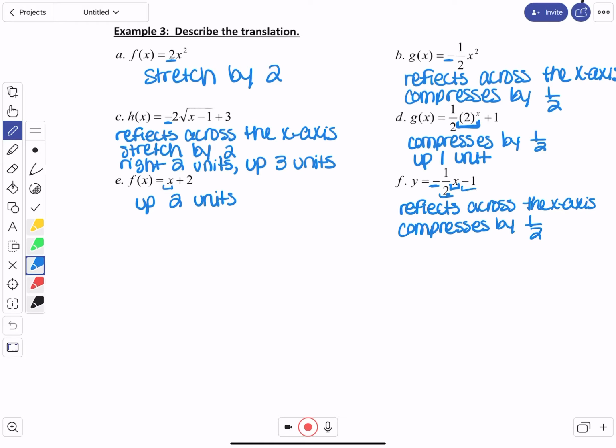And that minus 1, that's on the outside, so it goes down 1 unit. So we have described that translation. We've described everything that graph was doing. Okay, and so in your assignment, what you're going to be doing is you'll be describing or matching up everything that these graphs will be doing.